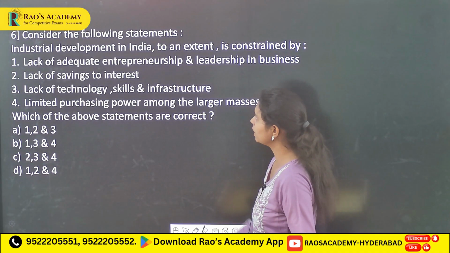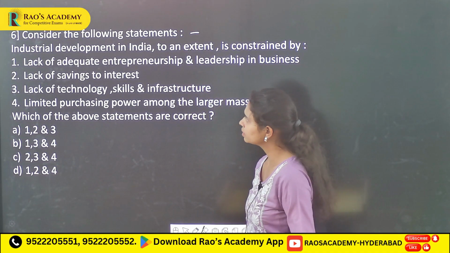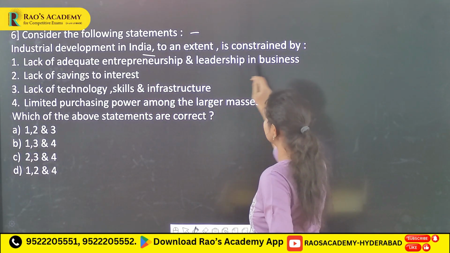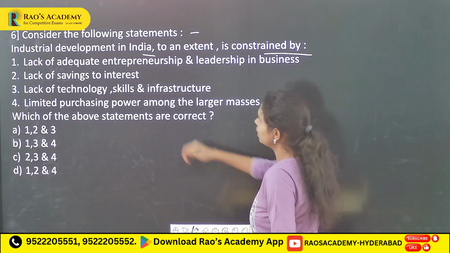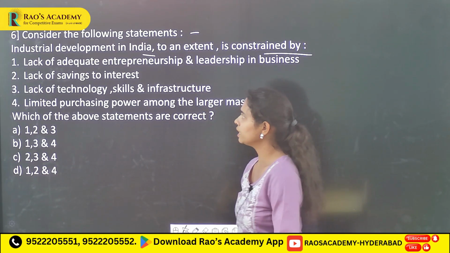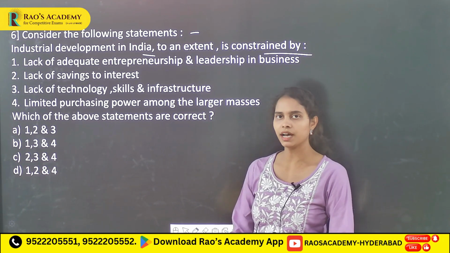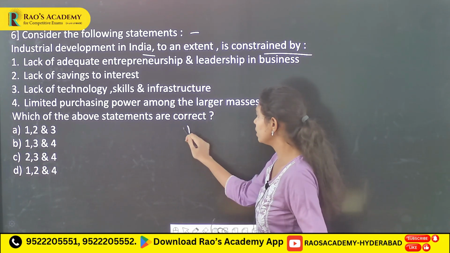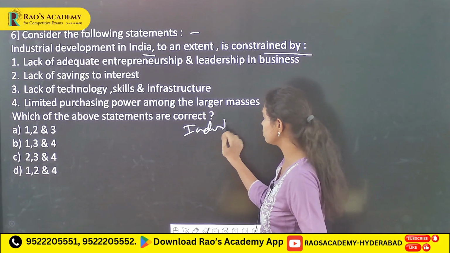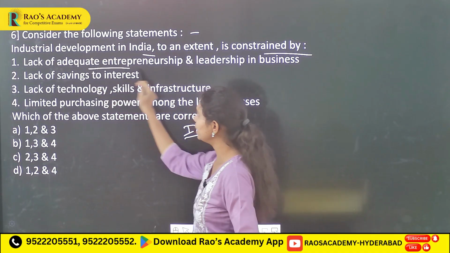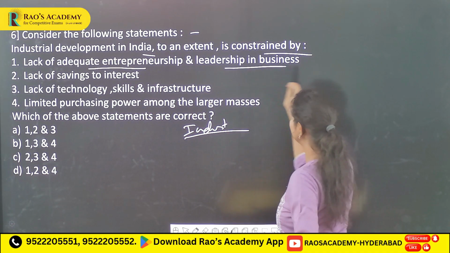Followed by, consider the following statements. Here the industrial development in India to an extent is constrained by which of the following. So here it is asking about what were the different challenges the industrial development has been facing. So if you see with regard to the industrial development, the first one is with regard to lack of adequate entrepreneurship and again the leadership in business.